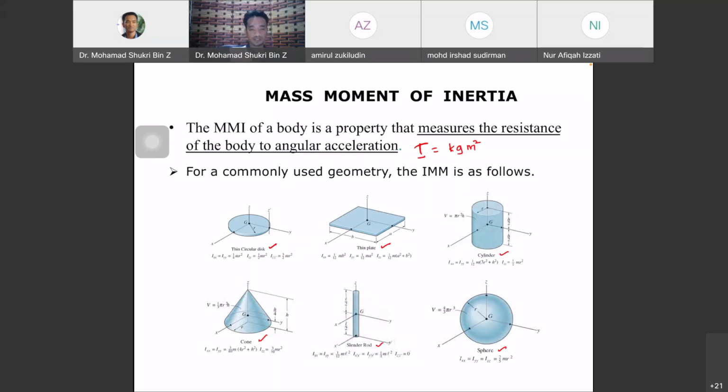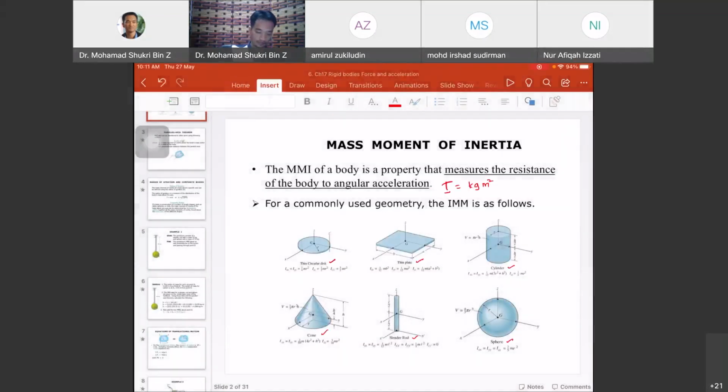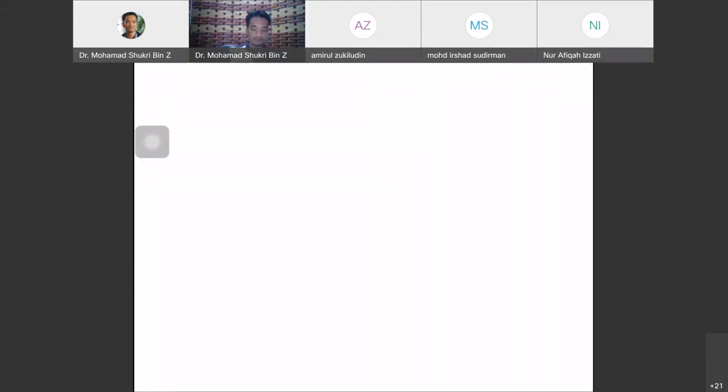Dia nak menunjukkan how hard it turns. Kalau kita pusing, let's say we have a plate. Ini katakan paksi Y. This is x-axis, x.